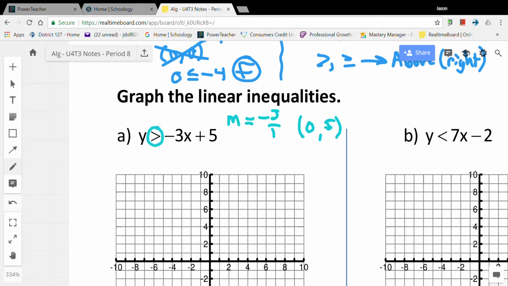The inequality is going to tell me whether I include the points on my line as solutions or not, and where to shade as far as the solutions go. So because this is not equal to, this is going to be a dashed line, and because it is a greater than, my solutions will be above the boundary line.